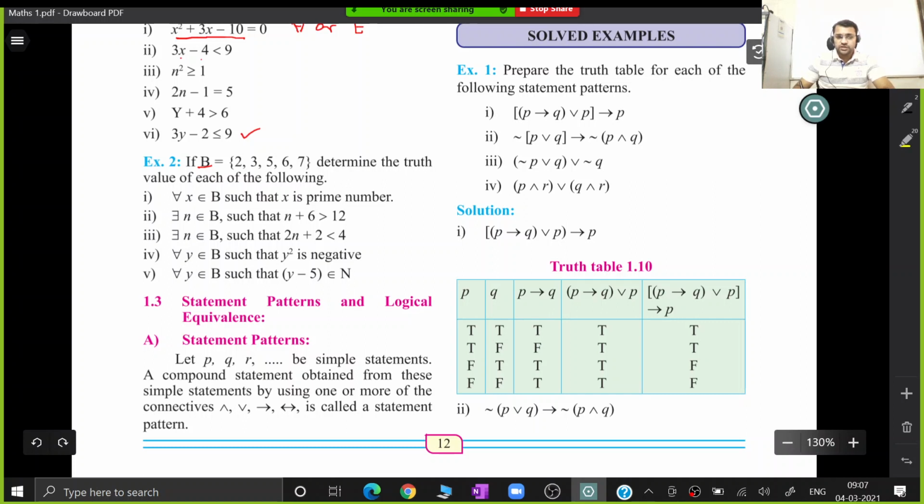Now he has used the quantifier for all. It means that all the observations inside the set B have to be prime numbers. If any one number is not a prime number, then the truth value of the statement will become false. If all are prime numbers, only then the truth value will be taken as true.